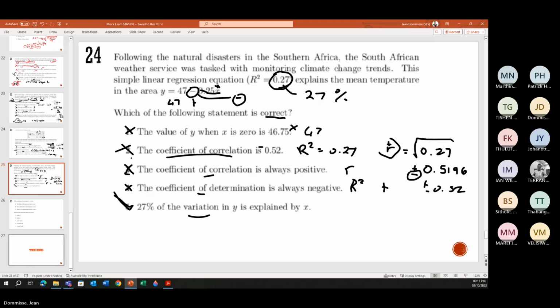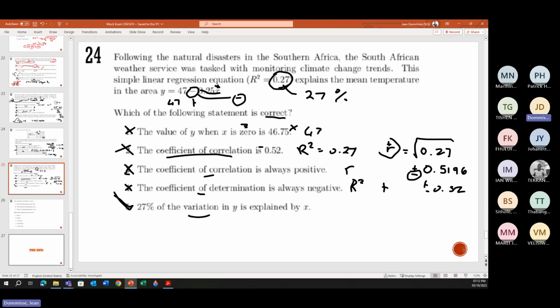With different exam papers, they could have asked the value of Y when X is 7. You put 7 in there, 7 times 0.25 gives you a value, and you subtract that from 47. So it does not always need to be 0. They can use anything in X, and you can work out something.